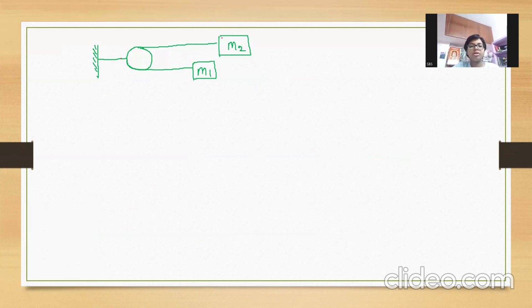For one string, these two blocks are connected by this string. Then how many ends are here? One end of the string is here, one end is here, one is here. Understood? Yes, sir. So you should understand what the ends are: starting end and free end. If this is clear, you have more clarity.